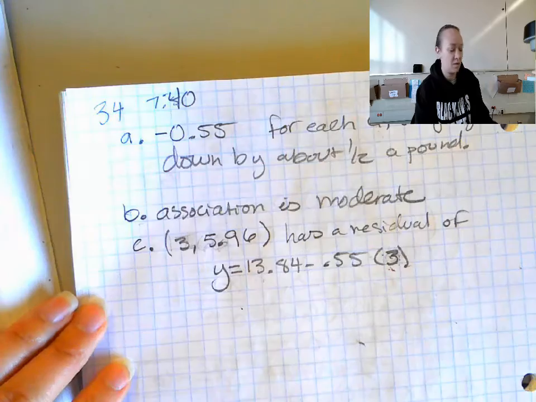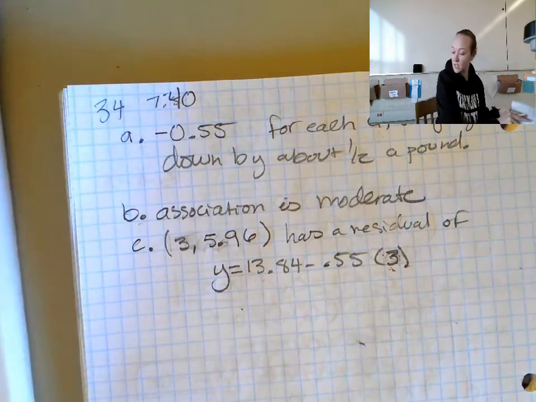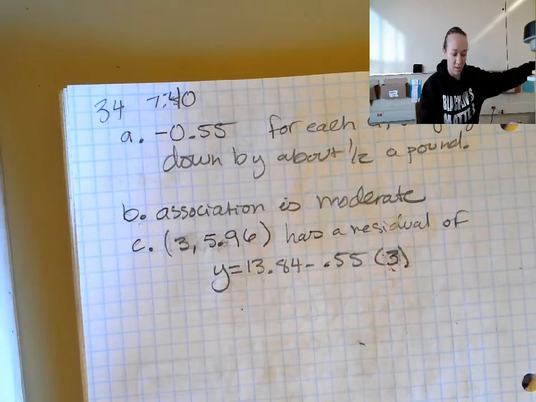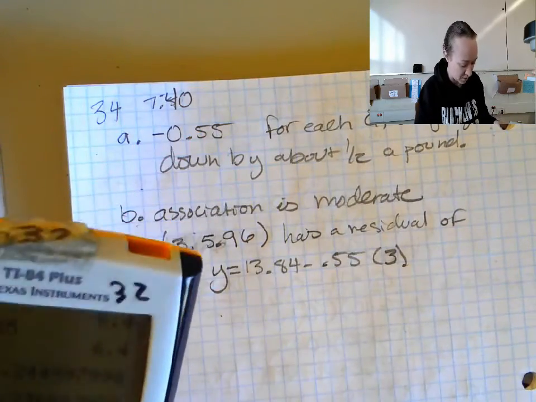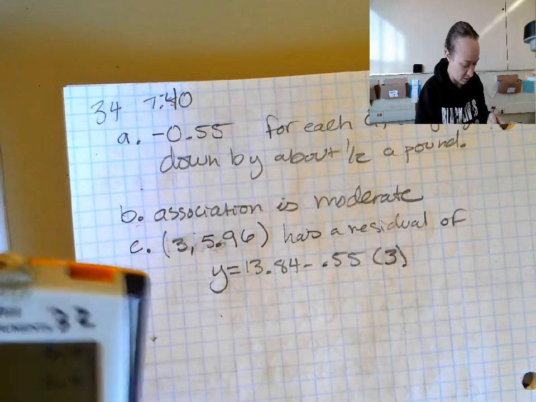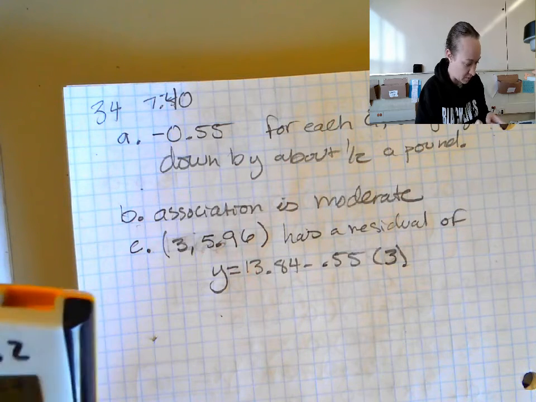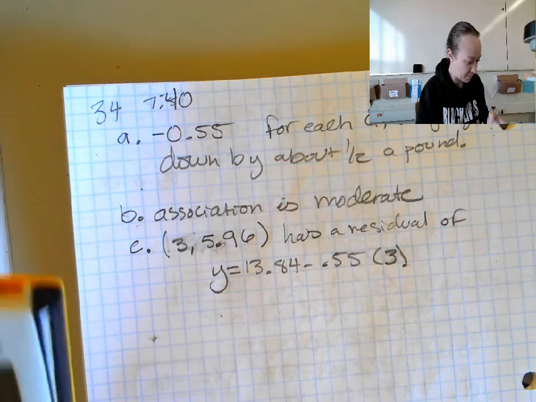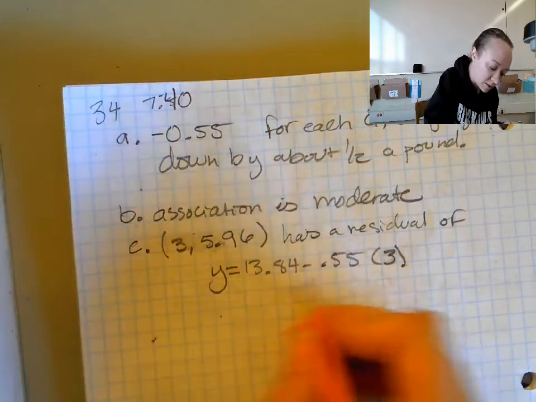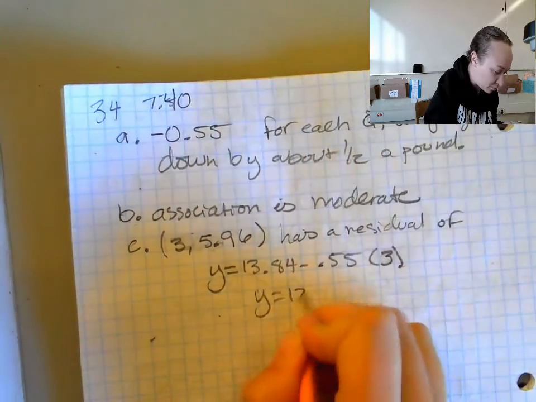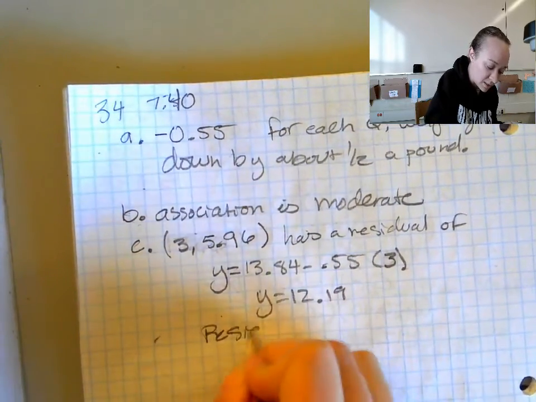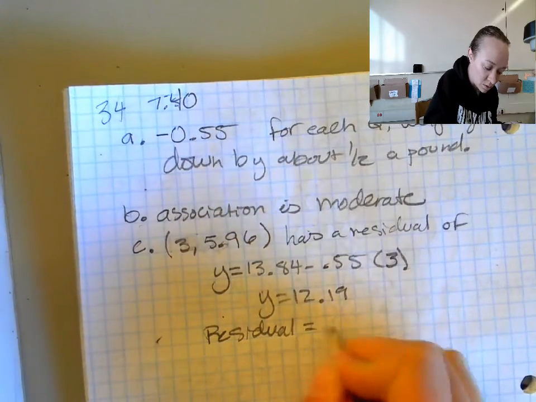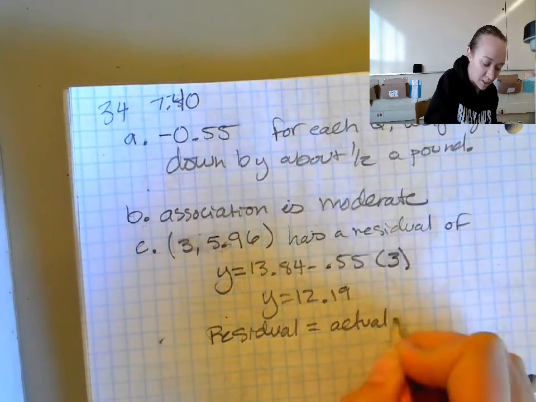So we find the predicted by using our equation and plugging in our x value of 3. So I'm going to do 13.84 minus 0.55 times 3, and that gives me 12.19. And we remember that residual is actual minus predicted.